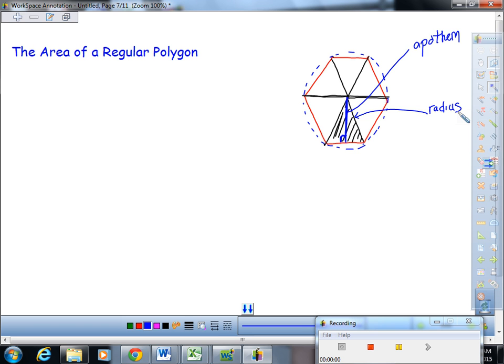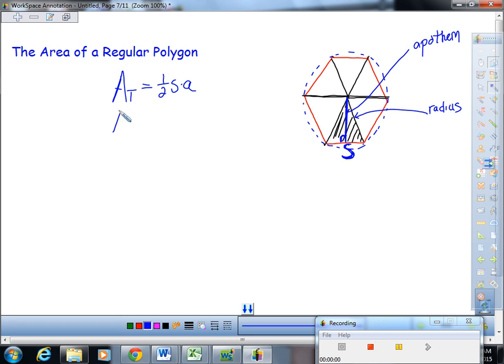Okay? So the area of the triangle, and this would just be, we'll call it, let's say, S for a side of the hexagon. Okay? The area of the triangle is 1/2 S times A. Remember, A is the apothem. S is the side.